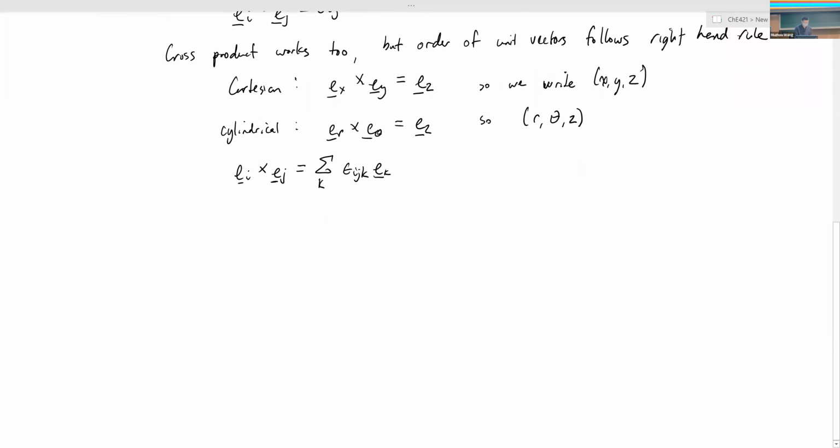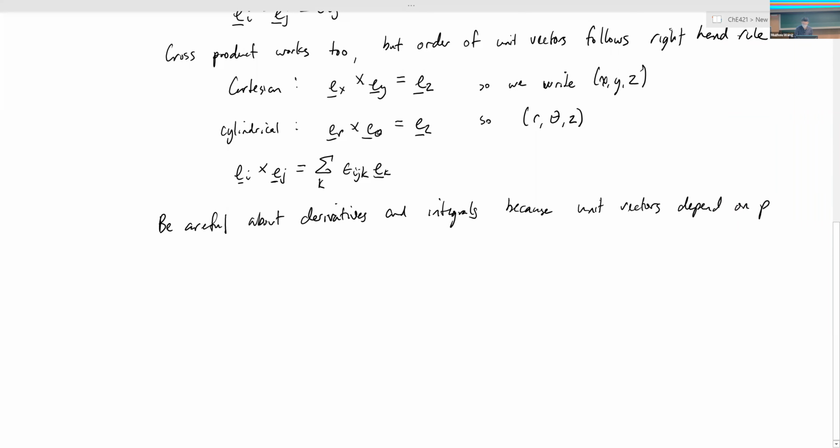So I'll just say, be careful about derivatives and integrals because the unit vectors depend on position.